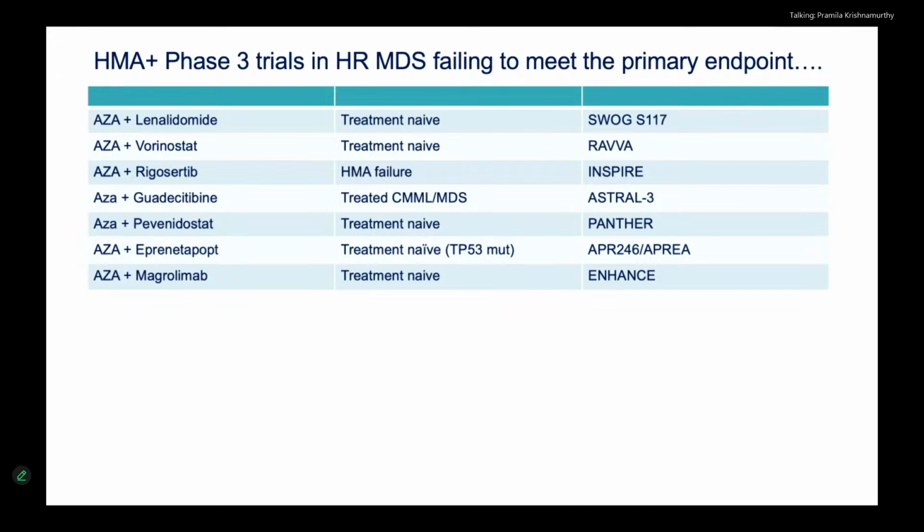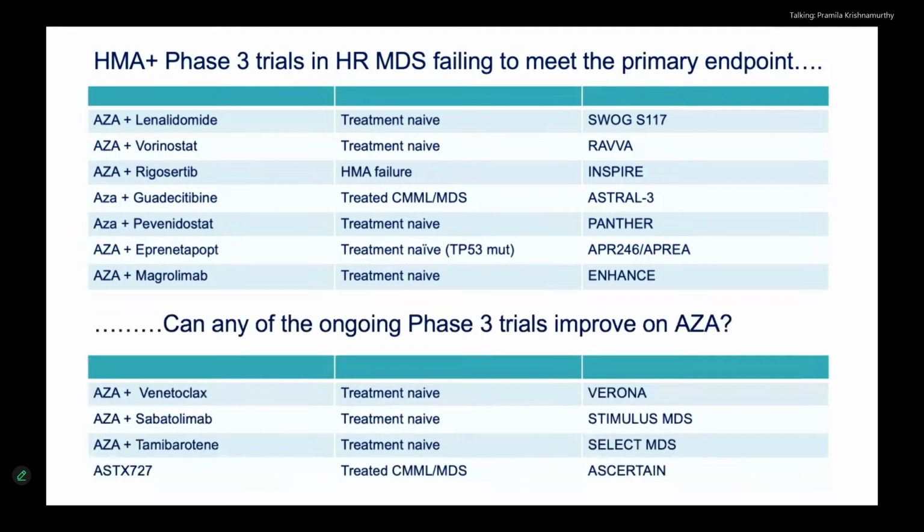And as I'm sure many of you will be aware, sadly, this has been a graveyard over the years with no real advance and several drugs falling by the wayside. So in terms of ongoing phase 3 trials looking to improve on azacitidine, I think we are all still eagerly awaiting the results of VERONA, which is randomizing venetoclax and azacitidine versus azacitidine in treatment-naive high-risk MDS.